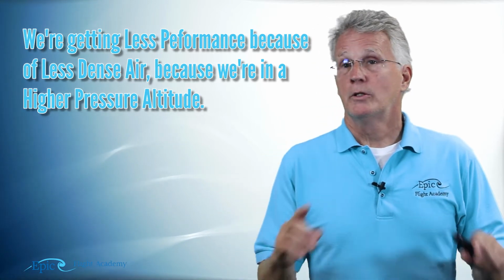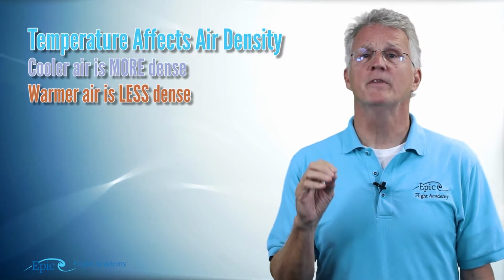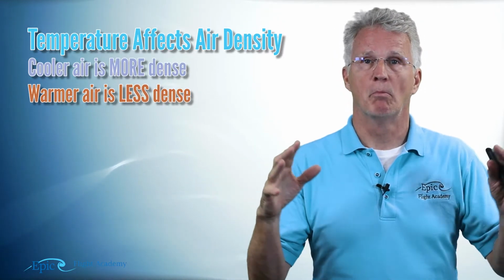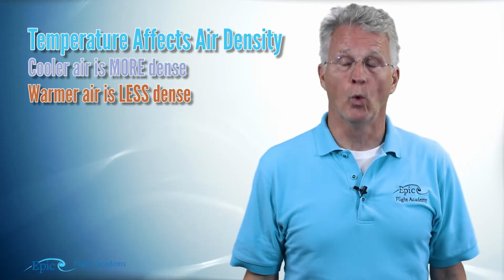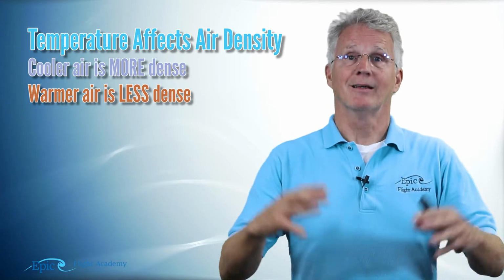Now, temperature also has an effect on performance. Temperature of the air affects the density of the air. If the air is cooler, the air is more dense. If the air is warmer, it is less dense.